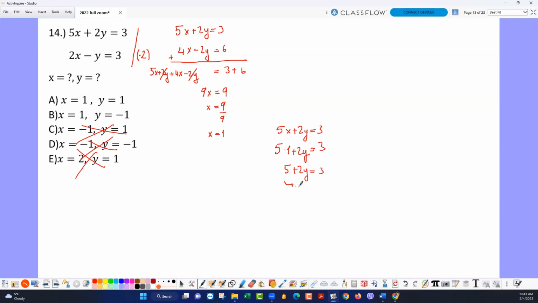And as I always say, when you send it to the other side, it gets a negative sign. Minus 5, so 2y is equal to 3 minus 5, 2y is equal to minus 2. y is equal to minus 2 over 2. y is equal to minus 1. So x is equal to 1, y is equal to minus 1.